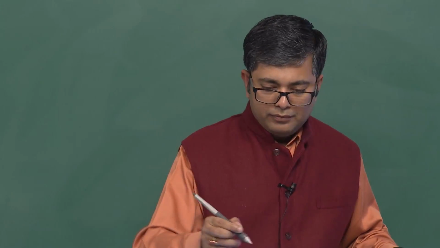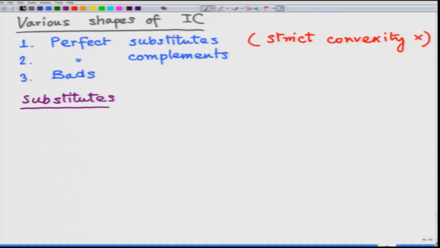So, let us draw. In the case of perfect substitutes, the indifference curve will be a downward sloping straight line.